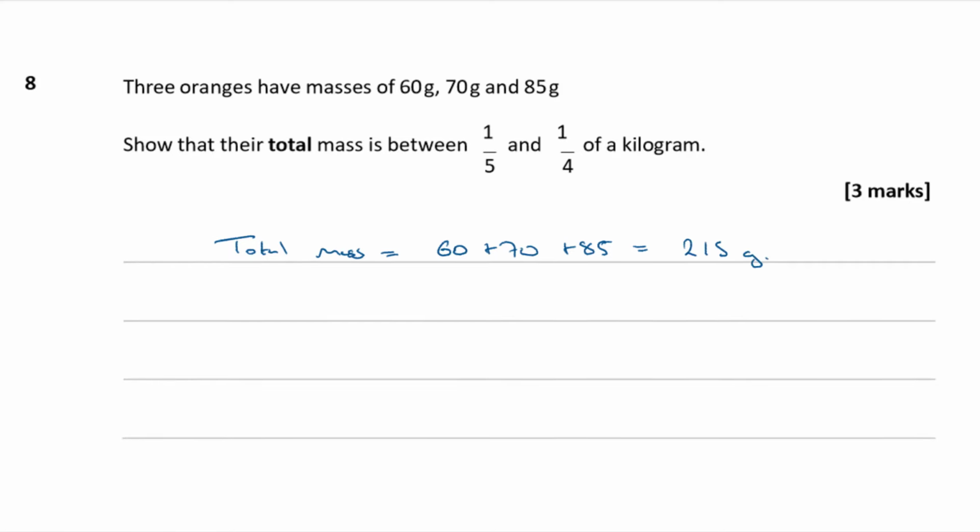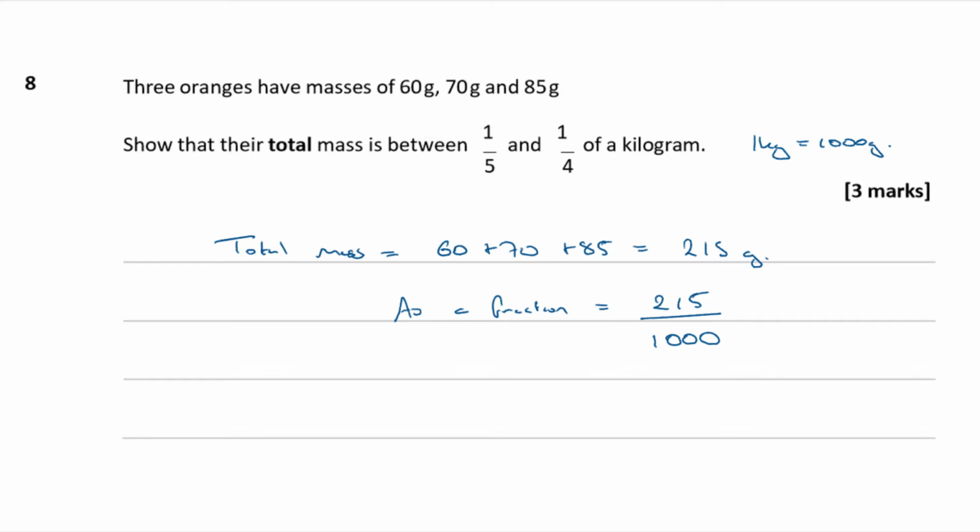Okay. Now I want to show that as a fraction of a kilogram. Now 1 kilogram is 1,000 grams, isn't it? Okay. So then as a fraction, that's going to be 215 grams over 1,000 grams. Okay. So how can I show that that's between 1/5 and 1/4?